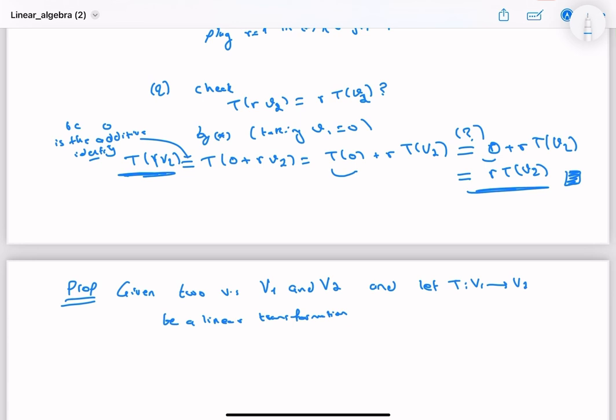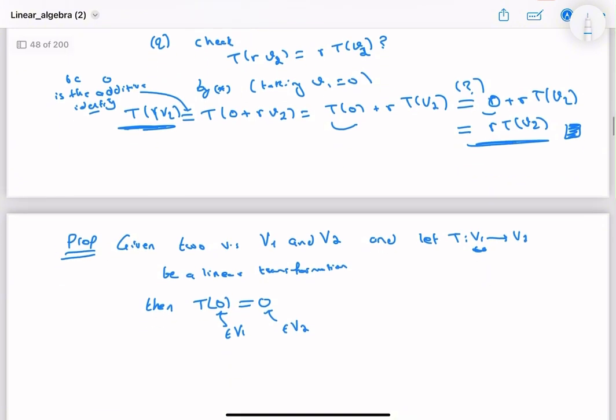What we want to show now is that T of 0 is equal to 0. But this 0, I should stress here, is in V1. This is the 0 of V1 because it's the 0 of the domain. And the other 0 is in V2. This is the 0 of the codomain.